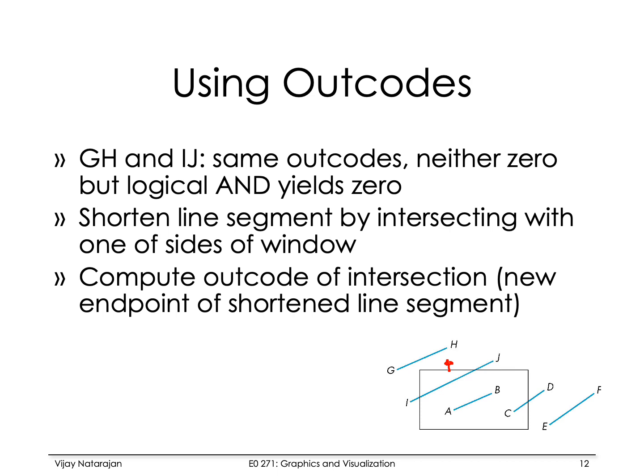Now you have G and the intersection point. We can use this shortened line segment and re-execute the algorithm. This is how the Cohen-Sutherland algorithm proceeds.